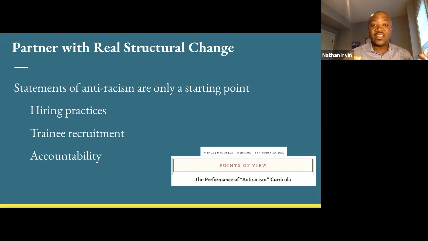Departments must think about these principles at all levels, including faculty and leadership hiring and retention, as well as trainee recruitment, and outline transparent and measurable targets to assess their progress towards these goals and opportunities for improvement. This is a framework we would apply to any other priority within the healthcare system, and so we should apply the same framework towards assessing our progress towards these anti-racist goals as well.